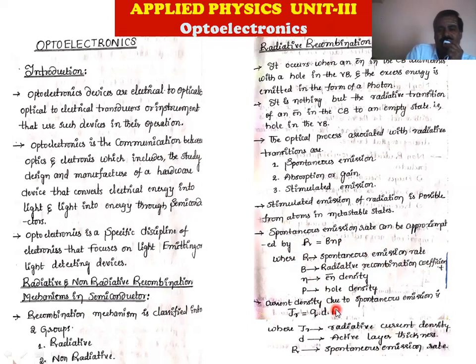The current density due to spontaneous emission is given by Jr = q d R, where Jr is the radiative current density and d is the active layer thickness, and R is the spontaneous emission rate.